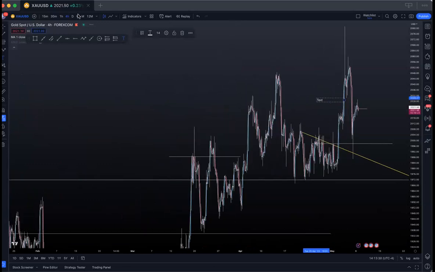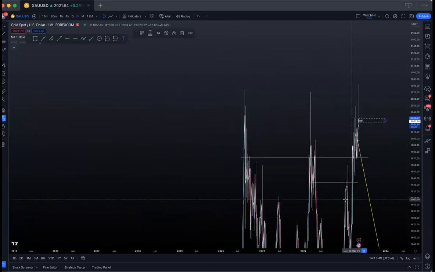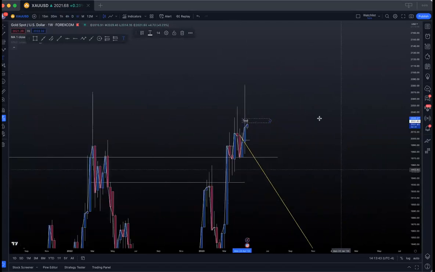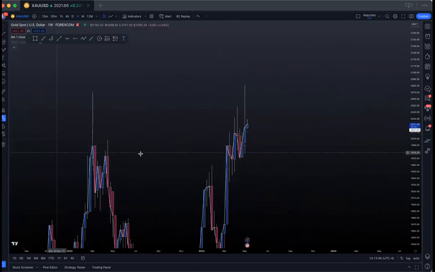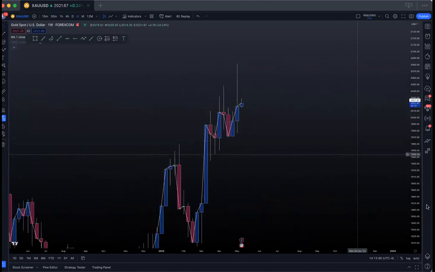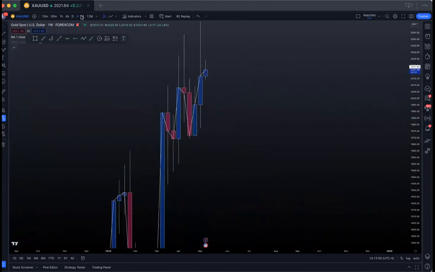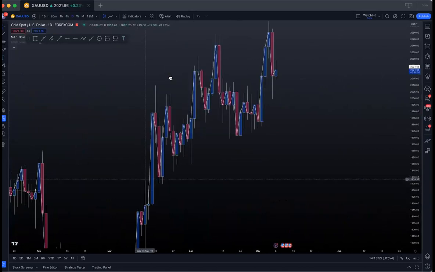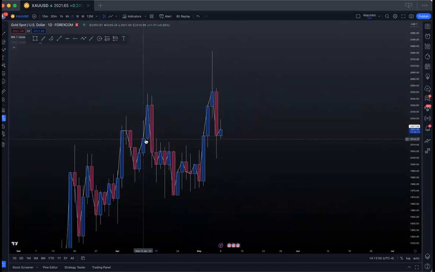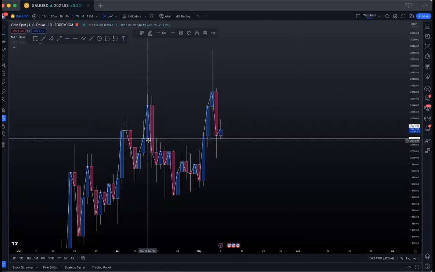Let's see what else. One other confluence that I found to stay bullish for now was on the daily. This is, again, a little bit advanced knowledge, but this gap right here was a level that people were looking at last week.